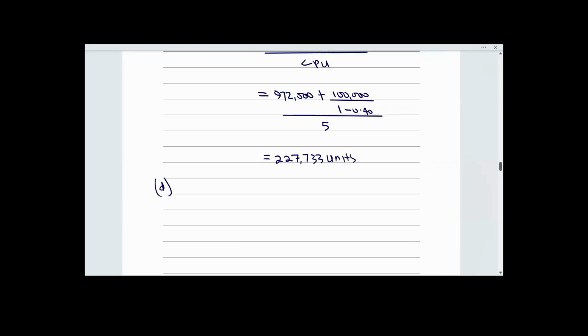Number D, the number of units to break even if variable costs increase.